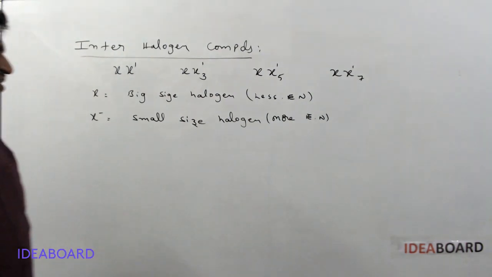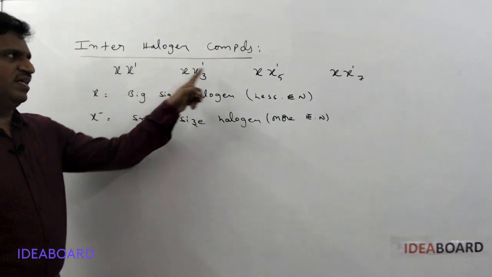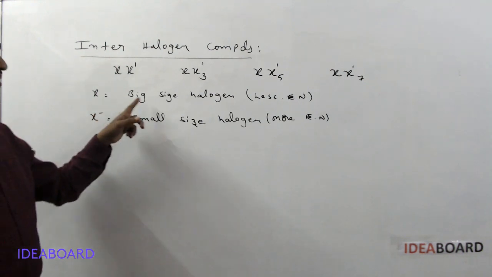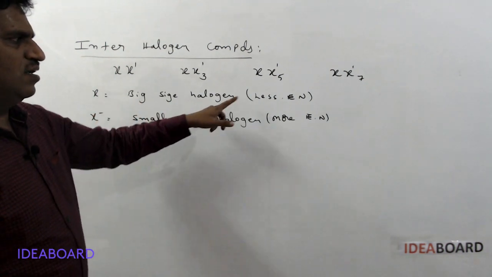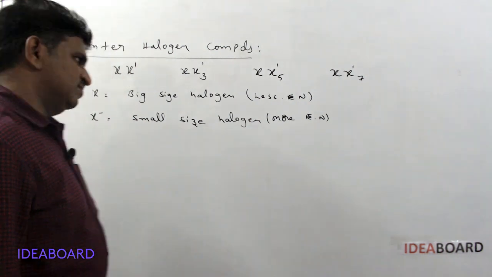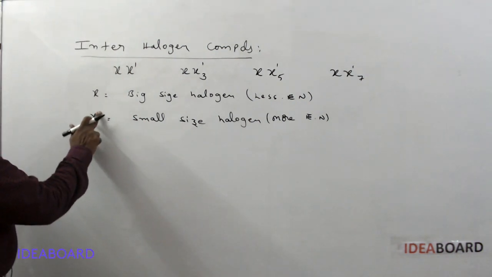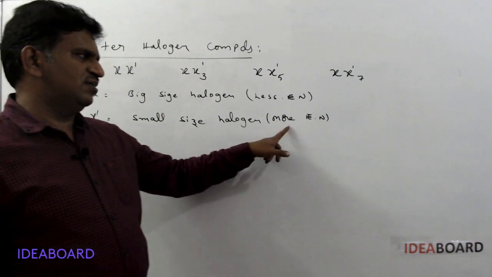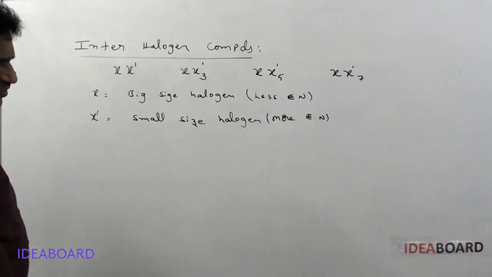X is less electronegative. Generally the central atom X is a bigger halogen atom or less electronegative halogen atom, and X dash is a smaller sized or more electronegative halogen atom.